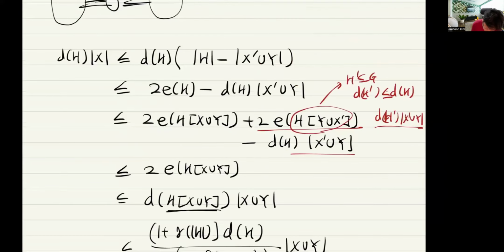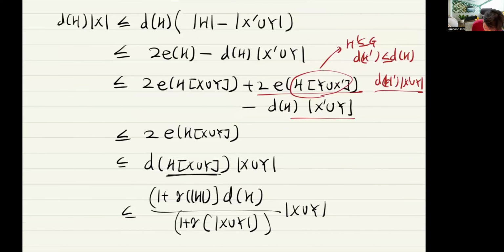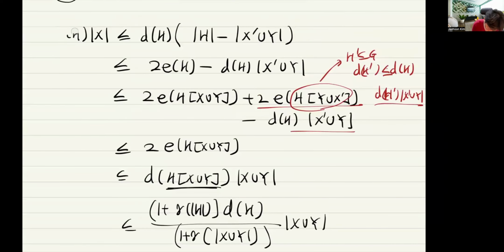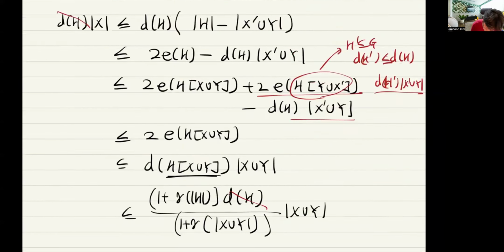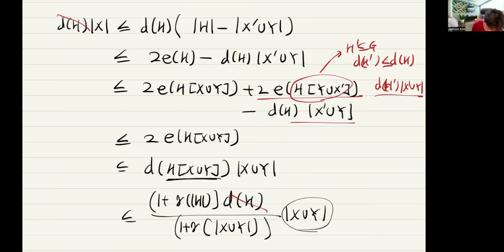So you have this, and then you divide both sides. Then you divide on both sides, and you get what?